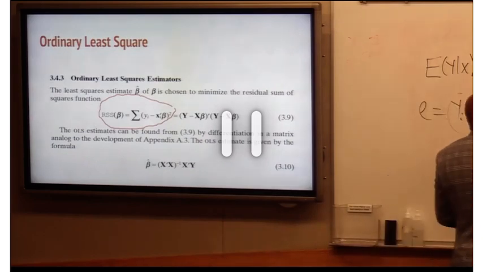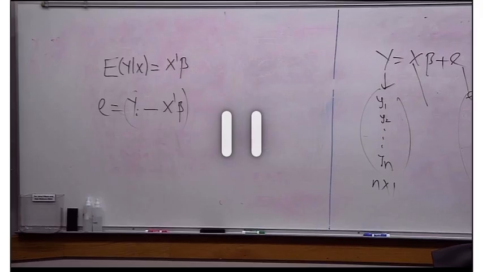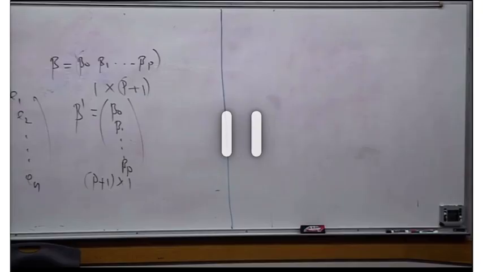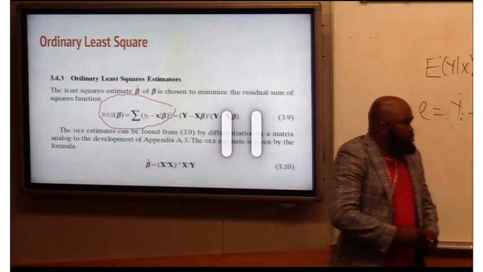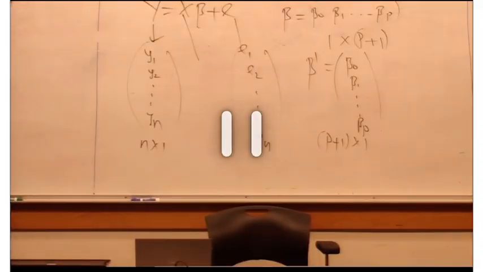If I have a summation of m squared, for instance, it's the same thing as m transpose m in matrix form. So we're using that idea here. The residual sum of square error in matrix form is this.